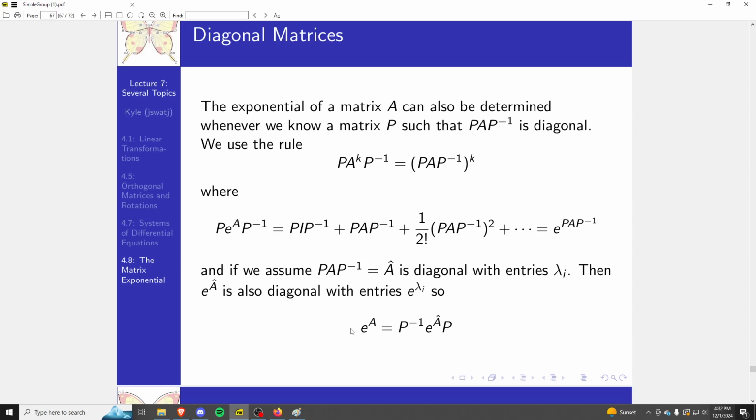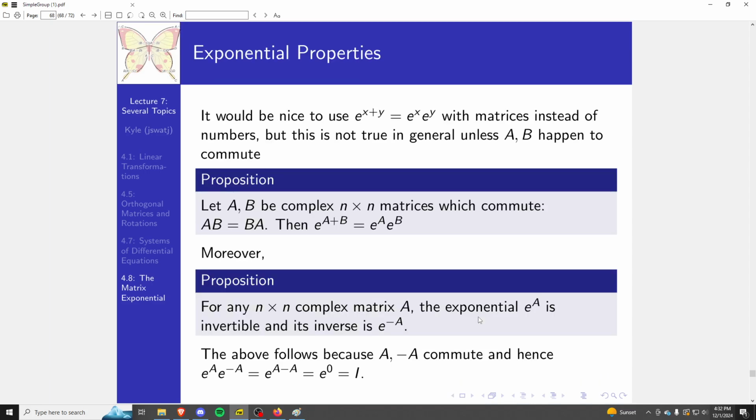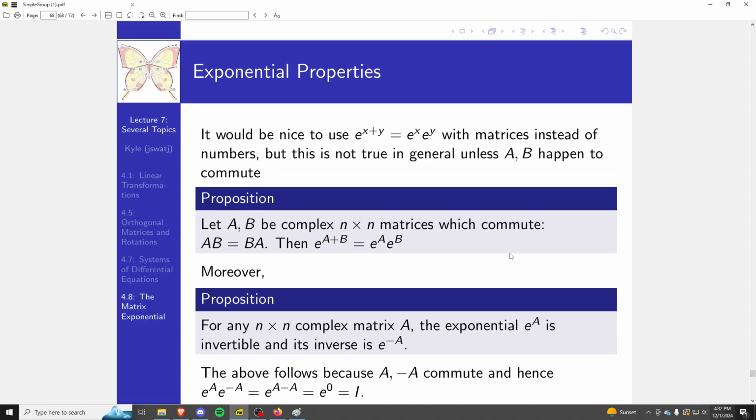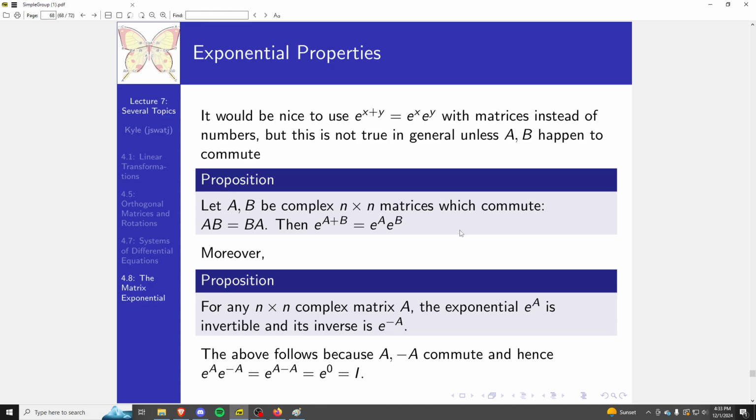So this is basically a rewrite of what we have here. And it would be really nice if we could use the rule e to the x plus y is equal to e to the x times e to the y, but with matrices instead. But it's not true in general unless A and B commute as matrices.